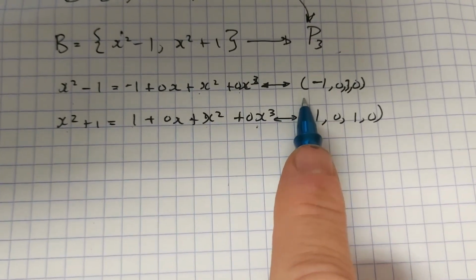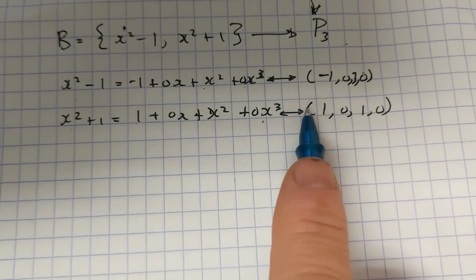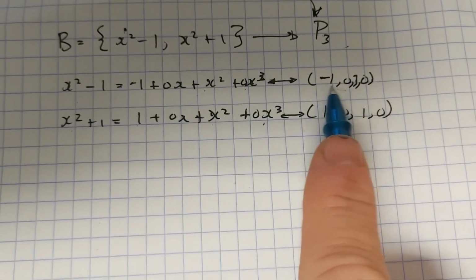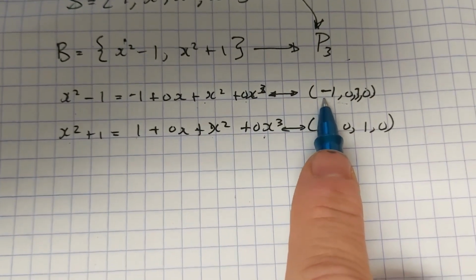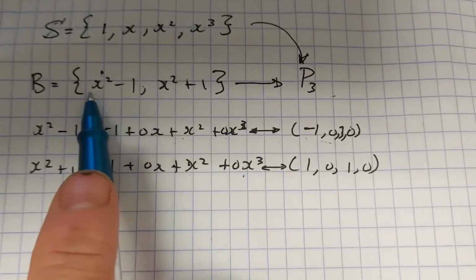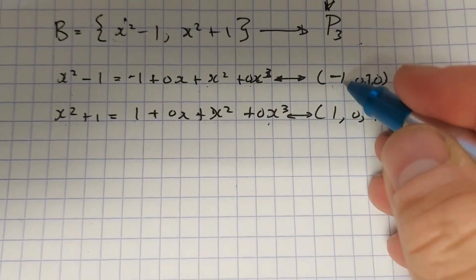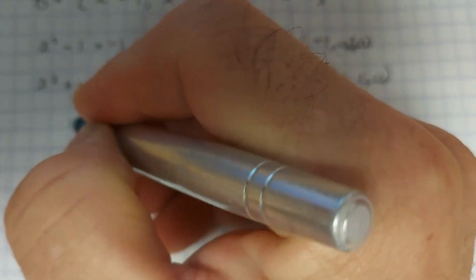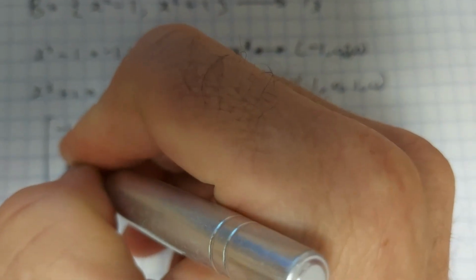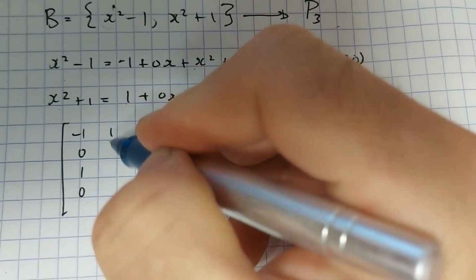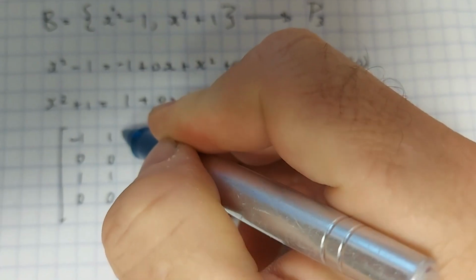To convert this into a matrix, we're going to first make it into a column where the basis follows the same standard basis as up here. So these two then become our columns. So our matrix becomes negative 1, 0, 1, 0, 1, 0, 1, 0.